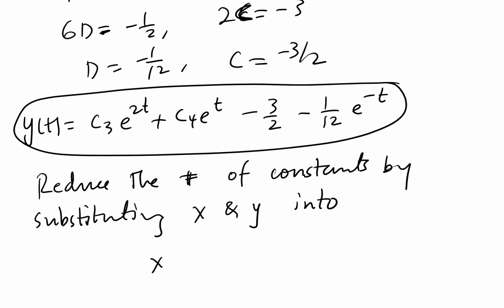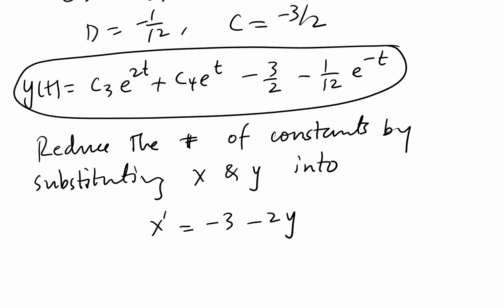Let's say the first equation, x prime equals negative 3 minus 2y, which can be rewritten as Dx plus 2y equals 3.